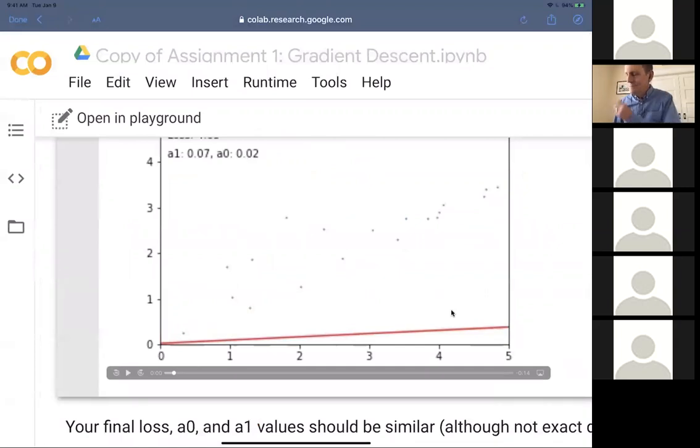We take a batch of these, calculate the gradient, and update the w's. Now you can see from here to here, we update the intercept slightly and the slope a little more. And then we keep updating.